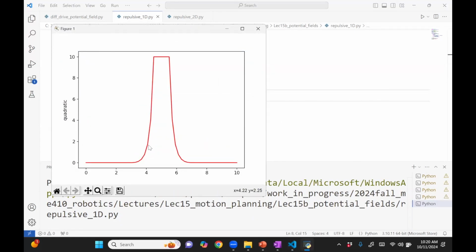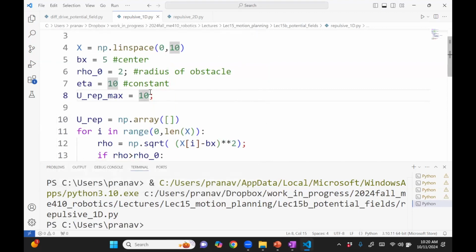It goes to infinity, but it starts growing here. So it's a field which will push you away from hitting that infinite point. At this point it will have some non-zero field, but you can see how quickly it grows. So the force resists very quickly as it comes closer and closer.